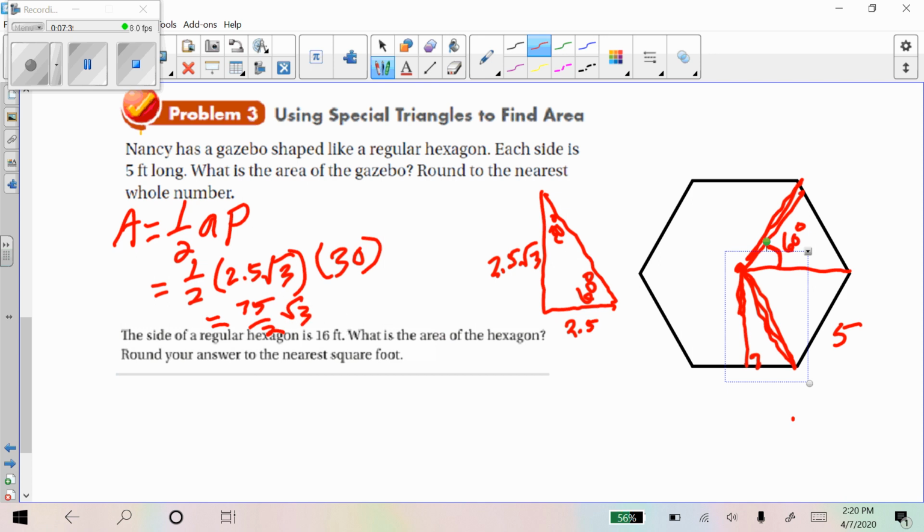But it says round to the nearest whole number, so I'm going to go ahead and calculate that. Rounding to the nearest whole number, that is about 65. Okay, so you go ahead and try it, see if you can get it. Why don't you give your answer in simplest radical form, and then it says also to the nearest square foot.